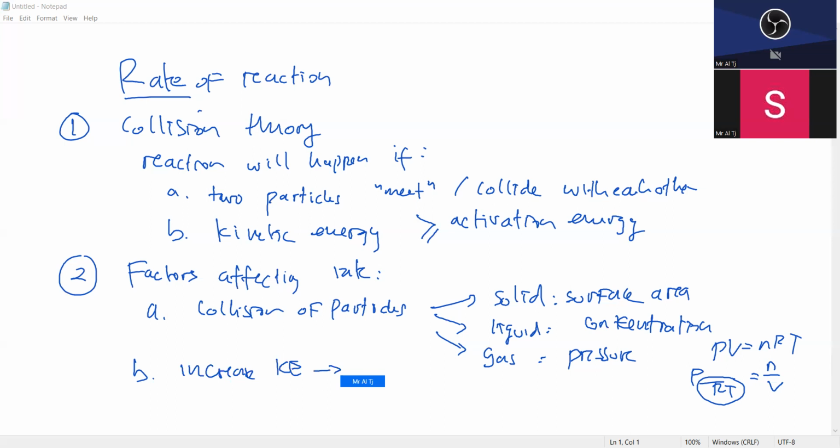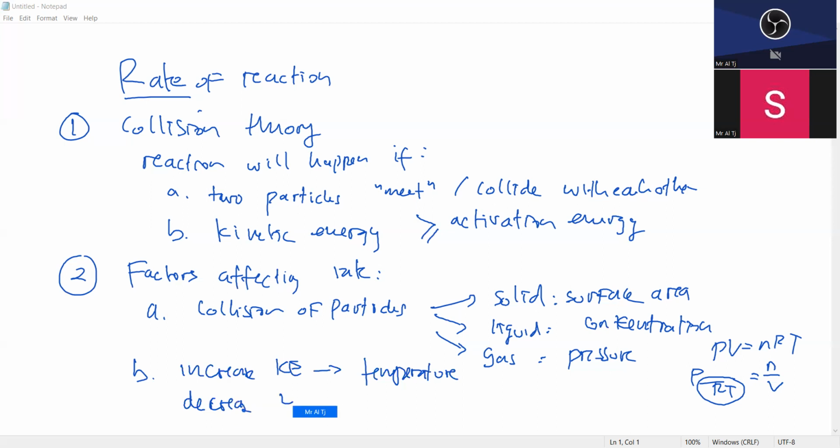Make them hotter. Increase the temperature. Temperature, physically speaking, is the average kinetic energy of particles. So higher temperature means higher average kinetic energy. Some particles will be higher than average, some particles will be lower. But if in general the average is increasing, then there will be more particles that are more energetic than a certain limit.